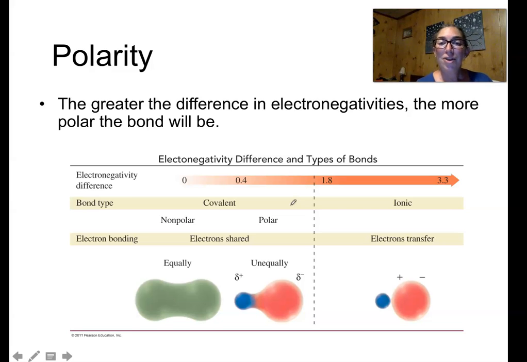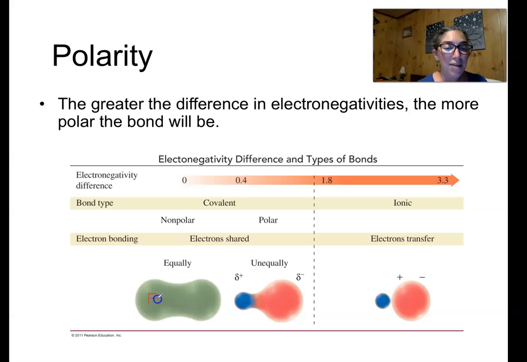Okay, the cool thing about polarity is it also explains ionic bonds. If we think about it, there's really not covalent bonds and ionic bonds. They are all just differences on a spectrum of polarity. So if you have two atoms that have equal electronegativity, let's say fluorine.